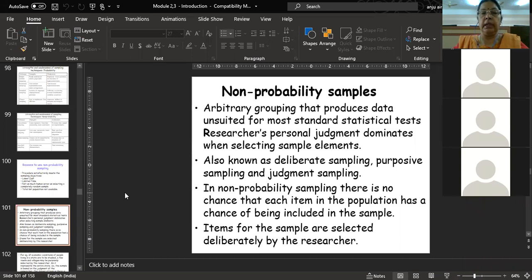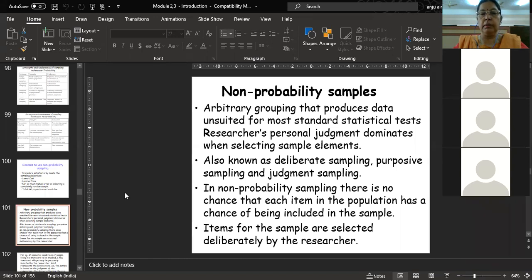It has not been done in a very precise way. Mainly, the researcher will decide. He will use his judgment on which elements he will include in his sample. So depending on the researcher's convenience and judgment, non-probability sampling is done.